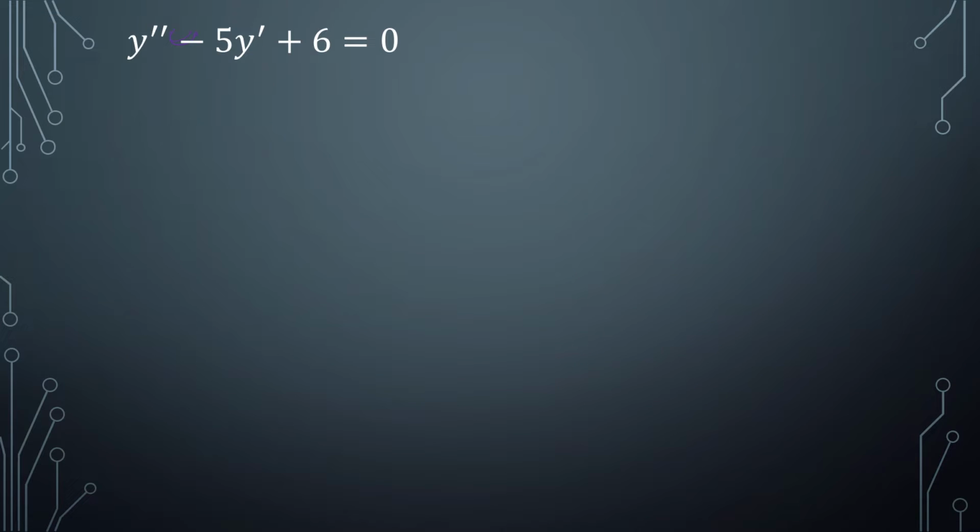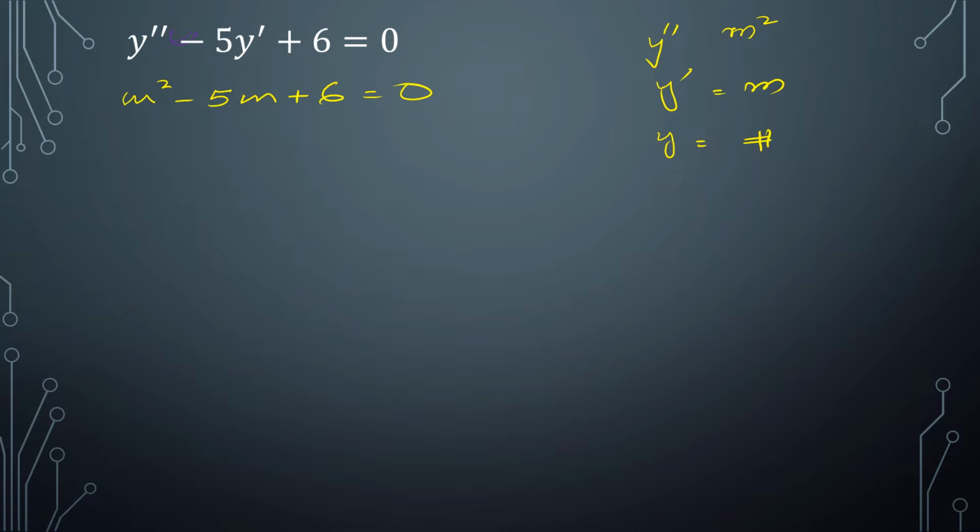So y double prime minus 5y prime plus 6y equals 0. First of all, convert them in the form of m. The double prime will be converted as m to the power of 2, the single prime will be converted as m, and y will be a constant. So we can write it as m squared minus 5m plus 6 equals 0. Factor them.